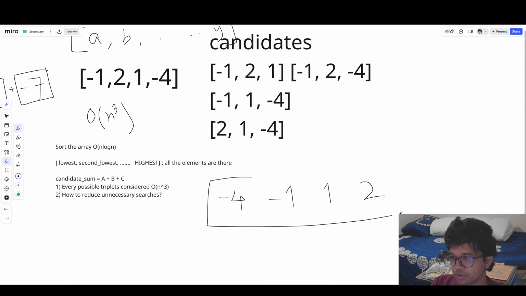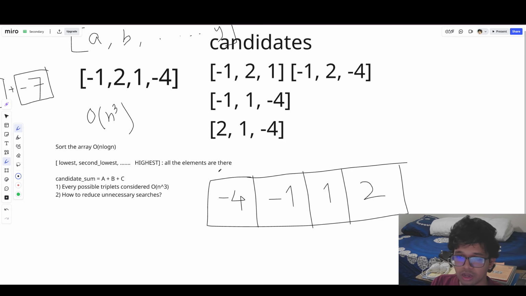This is our new array, and for a triplet to form we need three numbers. We will go for each of the numbers individually. We'll look at -4 and figure out the potential triplets. For that, we'll have two pointers, one at the lowest side just after this and one at the highest side.